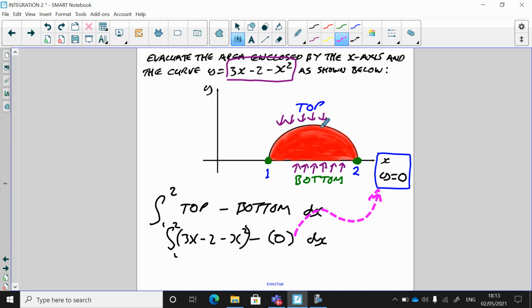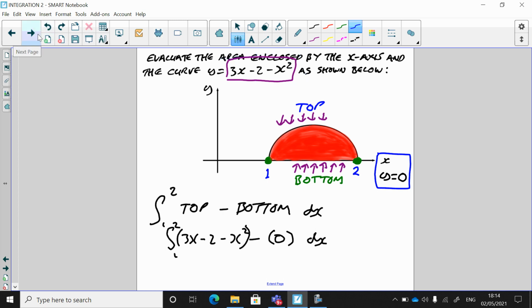Okay, right, so it just looks like we're integrating under the given function there. But we are really subtracting 0 from this so that it agrees with the normal routine of top minus bottom.